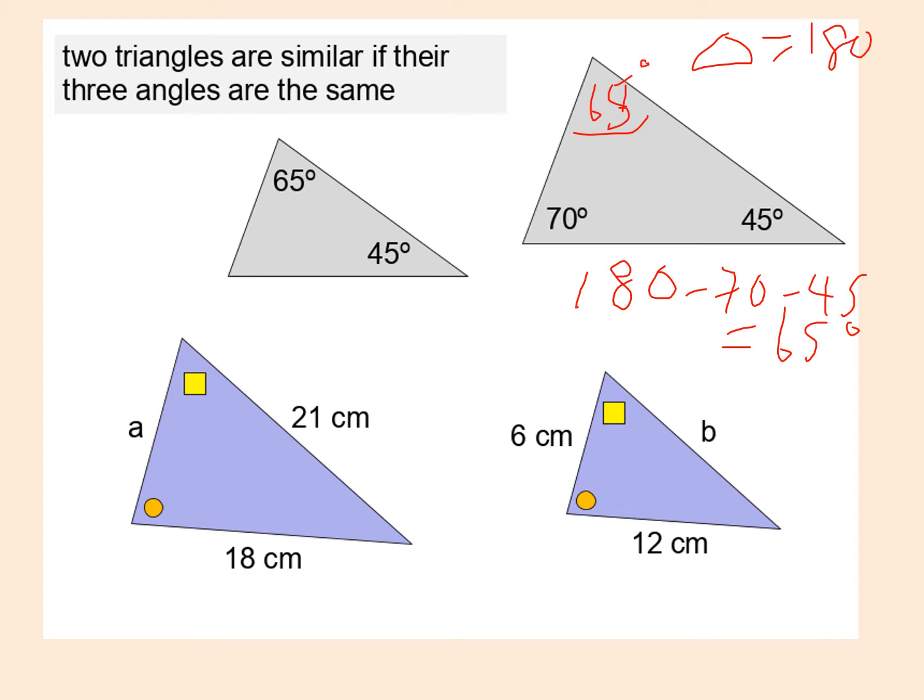So let's check this other triangle. 180 minus 65 minus 45 is going to give us 70. So these two triangles are not congruent, but they are similar because all three of their angles are the same.